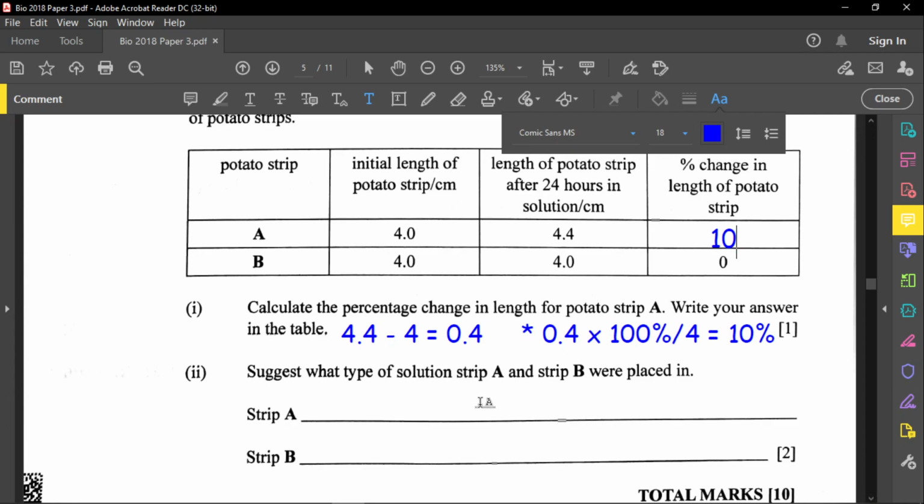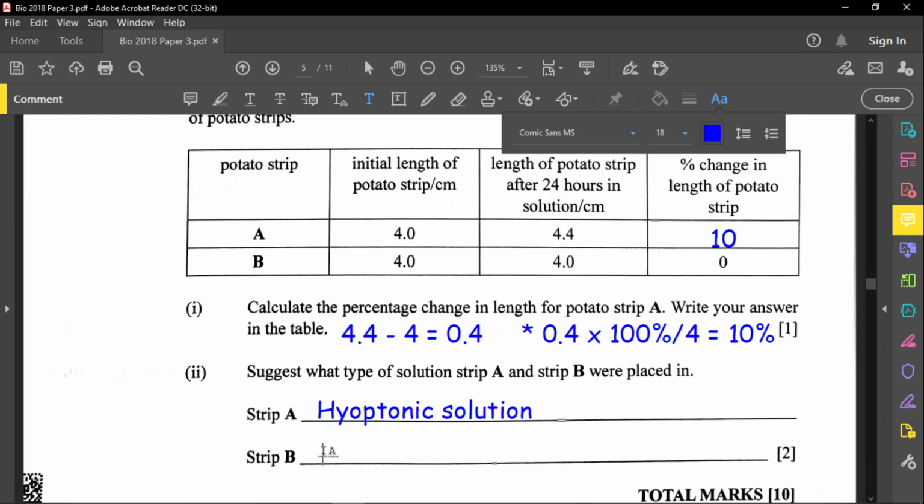The tissue gets larger simply because it is taking in water, not because of growth. So that's expansion. Because the potato in A increased in length, we know that this solution is going to be a hypotonic solution, okay? So it was placed in a hypotonic solution.